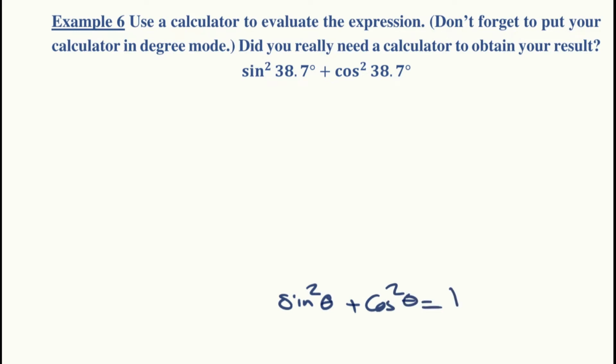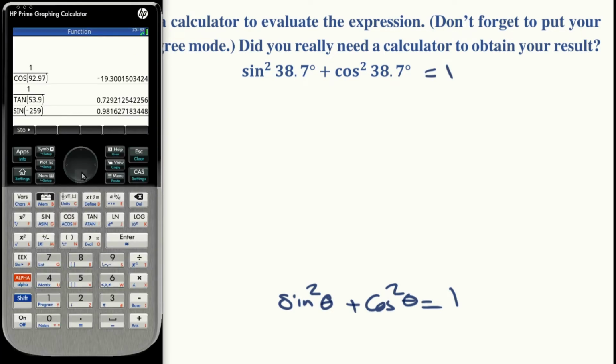I think I heard you say 1, right? Yeah, you were right. As long as this angle is the same and you're finding the sine squared of the angle and adding it to the cosine squared of the angle, you should get 1. Let's go ahead and type it into a calculator though, just to get comfortable with how we handle squares, right?